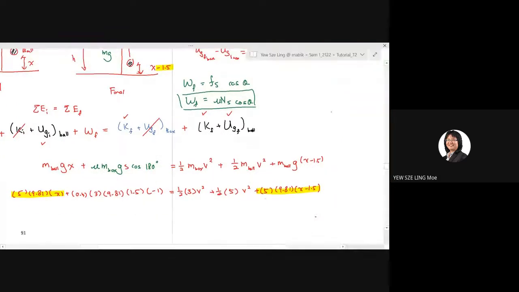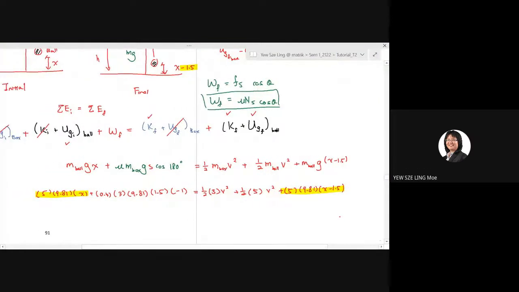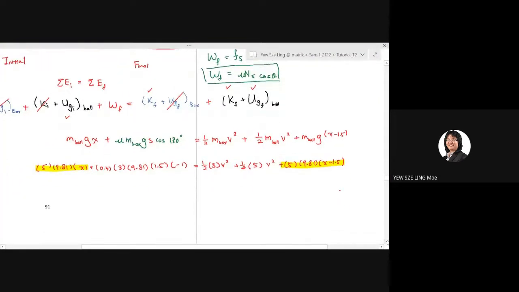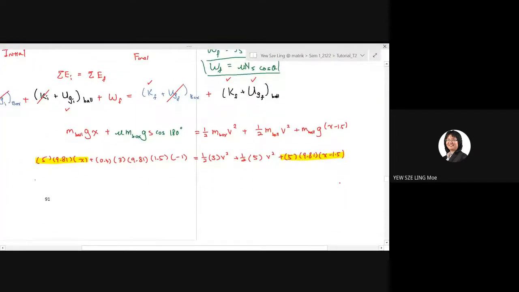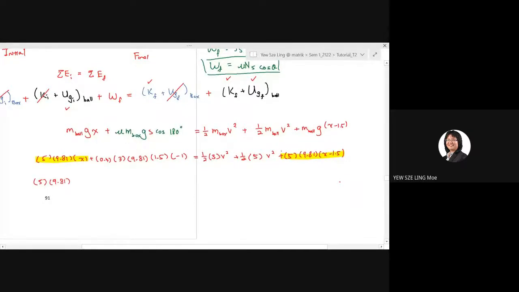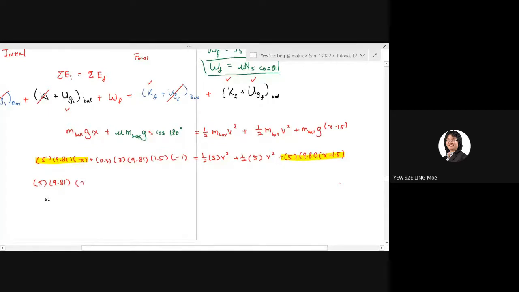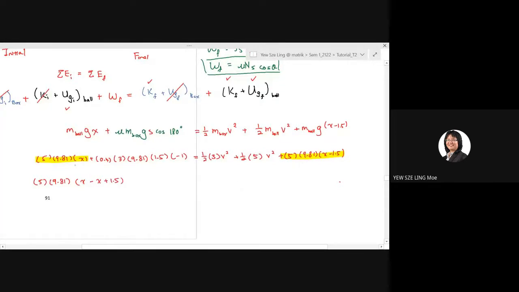I'm going to rearrange them and put them together, which will give me 5 and then 9.81. So there will become x minus x plus 1.5, because they have the same factor. So x and x minus 1.5, you can just subtract them.